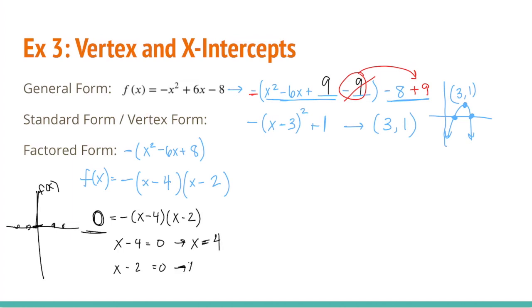So putting that all together, I know that I have x-intercepts at x equals 2 and x equals 4. I know that my vertex is at 3, 1. And so it's going to look something like this.